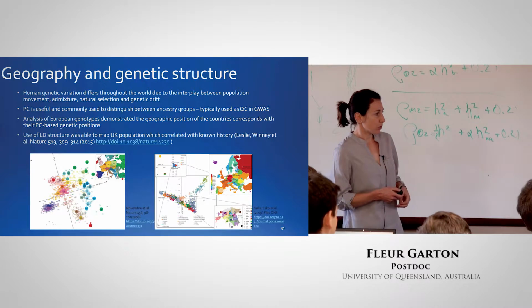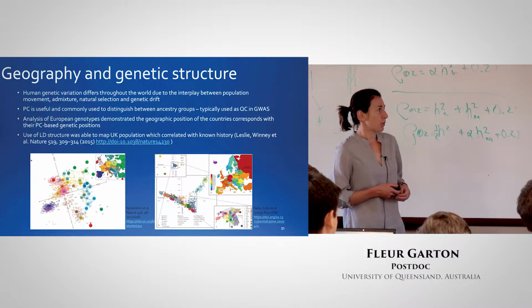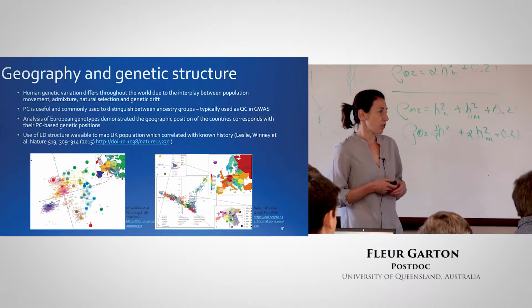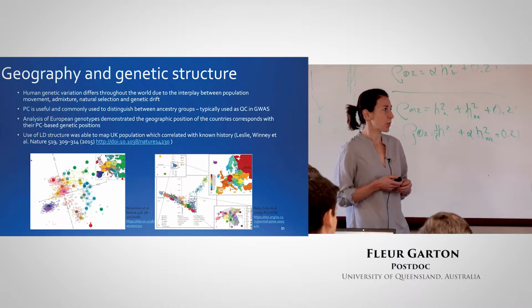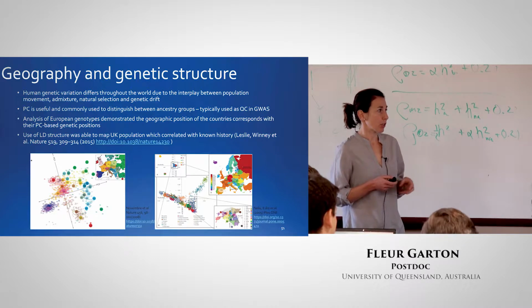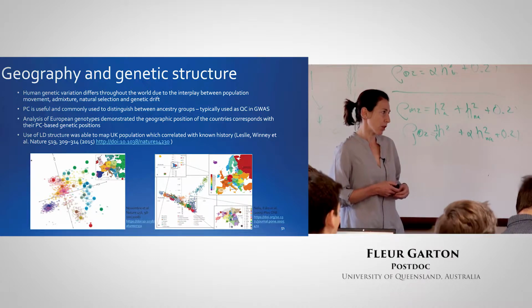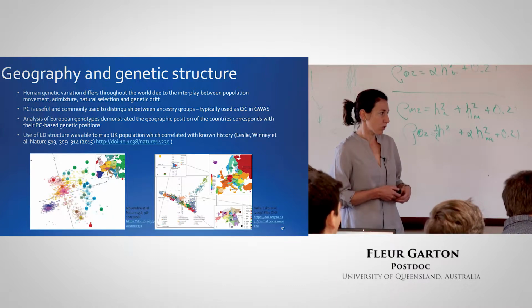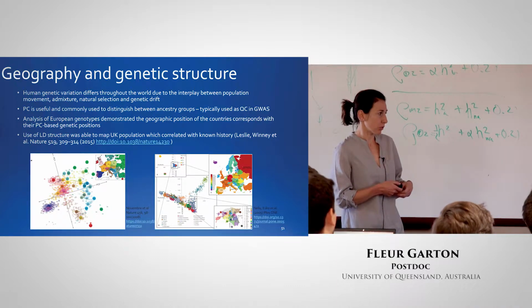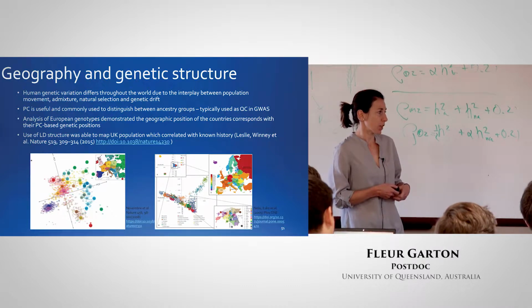So these two graphs here are two different European populations that are demonstrating a geographic position which corresponds to the principal component separation. So this is just two principal components. It's tilted to kind of reflect the map, and each little dot is an individual, and then you've got the summary of the average of each of those individuals as it relates to the country.